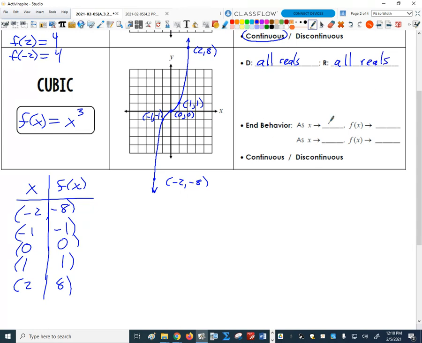Okay, as x approaches infinity, what does y approach, Muriel? What does f of x approach? Would it be infinity? It is, right?